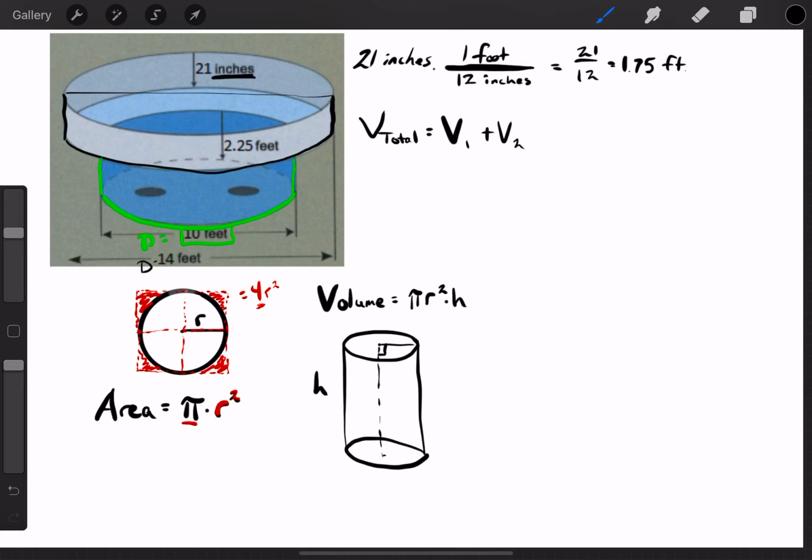So for the first volume, we've got the bigger diameter here. Now the diameter is 14 feet. The radius is only going to be half of that, or 7 feet. And it's being pushed through a height of that 1.75 number that we calculated above.